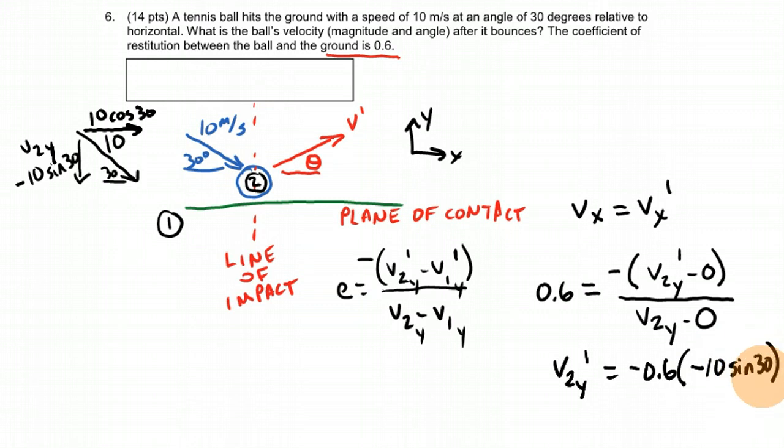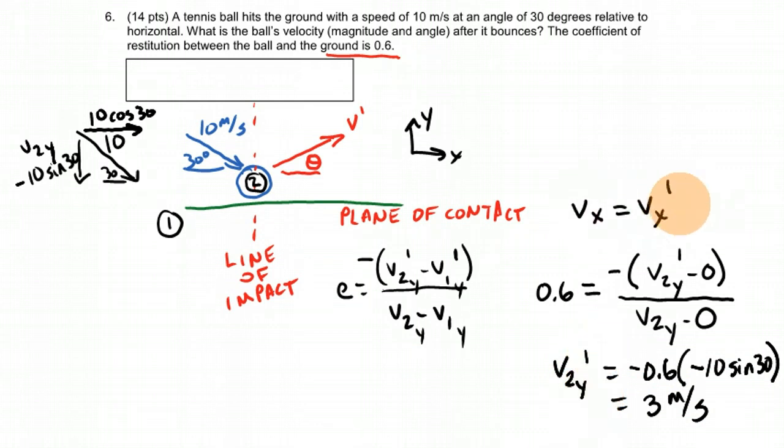Sine of 30 is 1/2, so half of 10 is 5. 0.6 times 5 is 3, in units of meters per second. Let me double check to make sure I did that right. Looks good. So that's the y component of the ball after the collision.